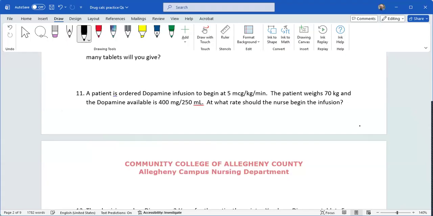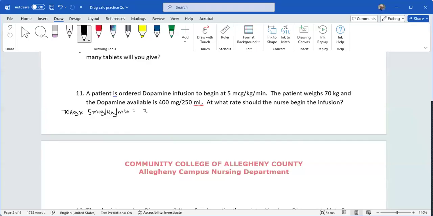So what you're going to do is start off by taking the patient's weight and multiplying by the order, which is 5 micrograms per kilogram per minute.